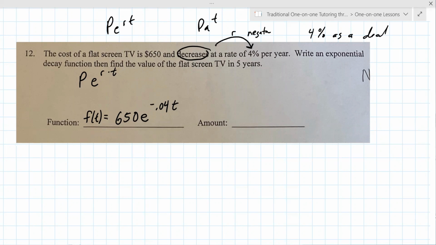Okay, so use Desmos again, and this time you're going to put 5 in for t. And let me know what you come up with.